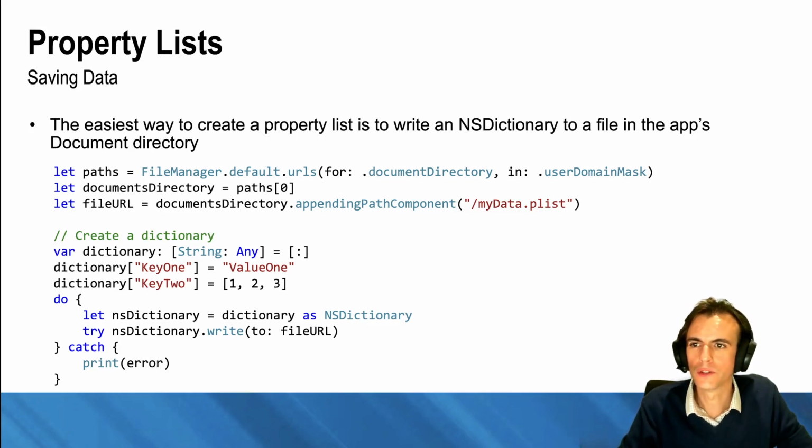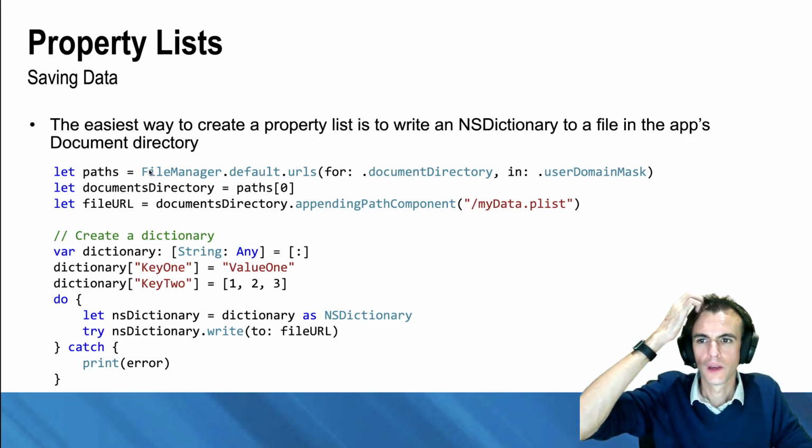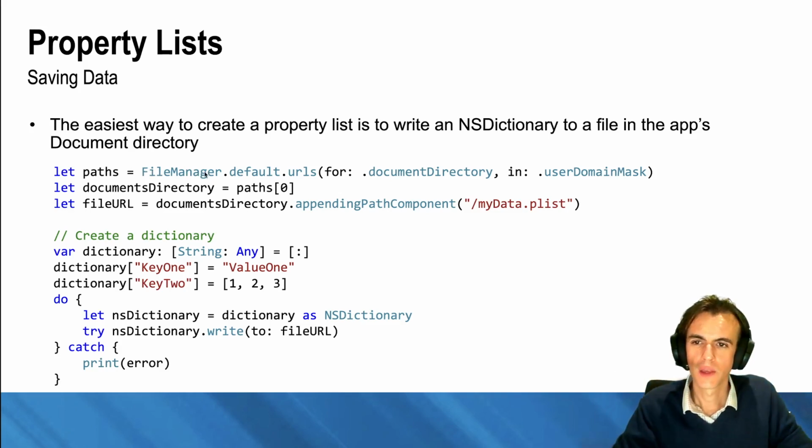The first thing we do is we need to find out where the document directory is. We can't use just a hard-coded path. The operating system could just change where this is between iOS versions. So we use the FileManager class, and like when we used the UserDefaults class, you can get the default instance of the file manager.